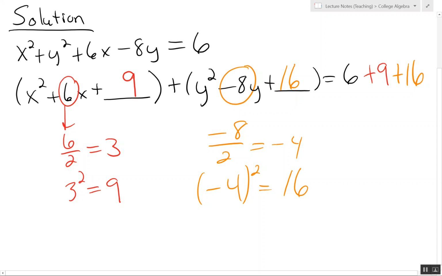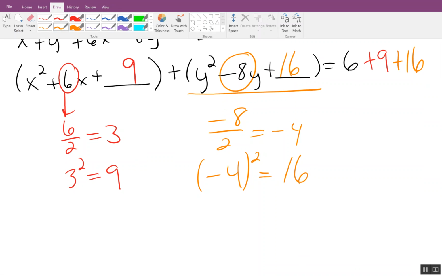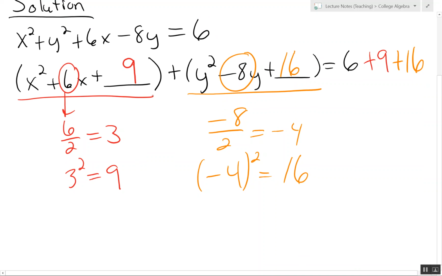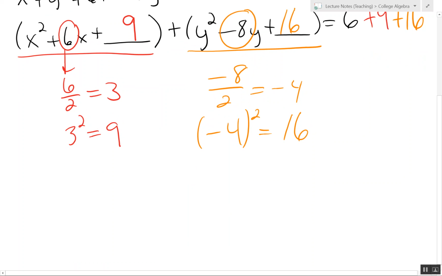And notice that now this one here and this parentheses here are perfect square trinomials, so they factor very nicely. And they factor as follows. Didn't need the color palette, but nice to know it's there.